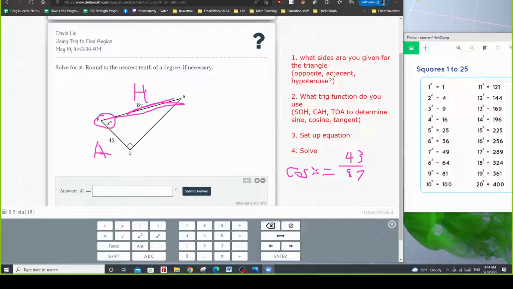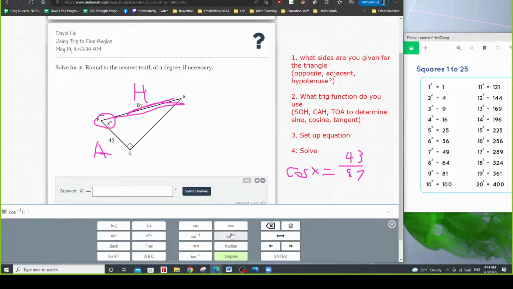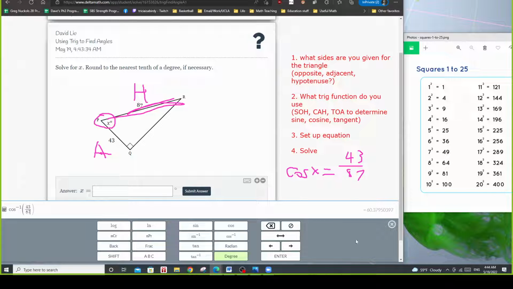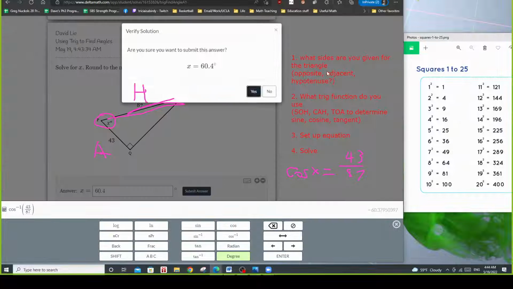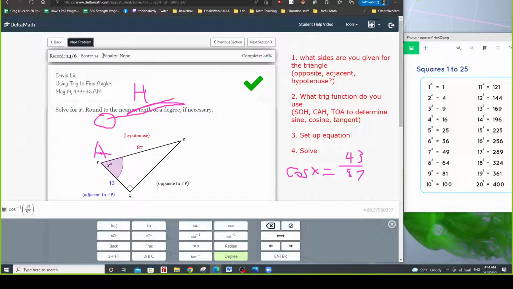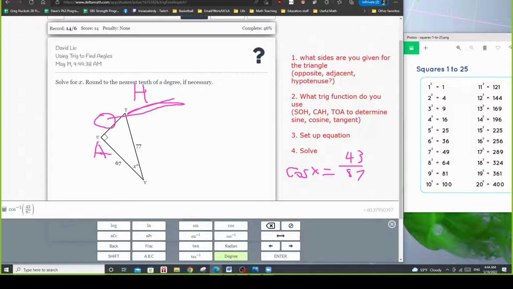But this time we have to solve for x, so we find this thing that says cosine negative 1, okay? We put cosine negative 1 of 43 divided by 87 and it gives us 60.4, okay? And that's your answer. And that's it. I'll do one more just to show you how to do it.